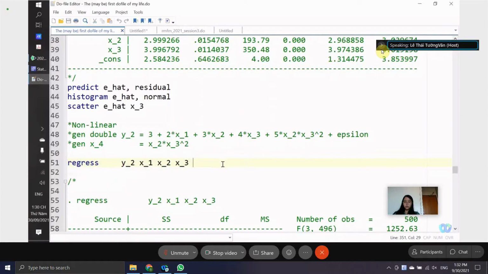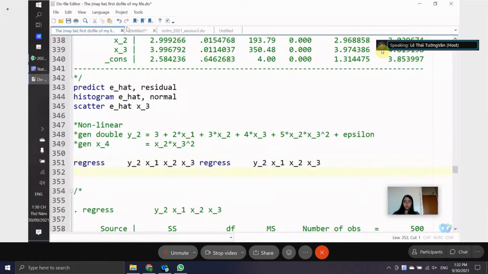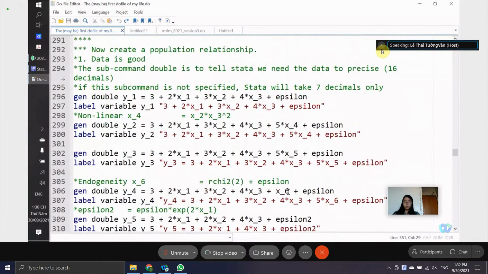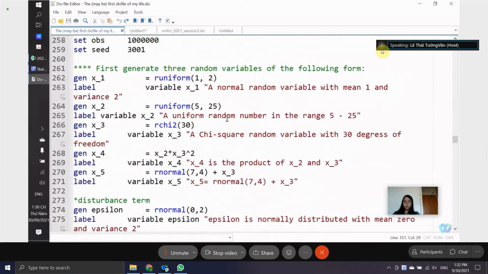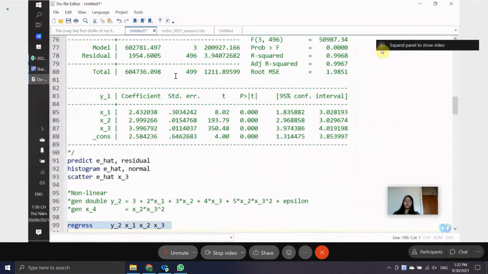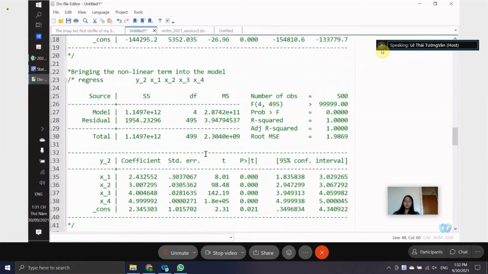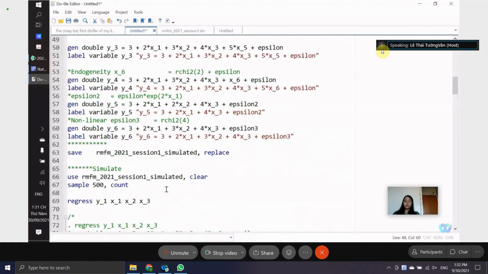It also depends on this nonlinear term. The nonlinear term is nothing more than the term 5 times x2 times x3 to the power 2.